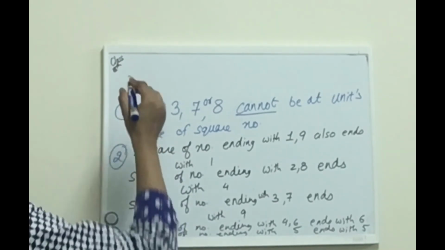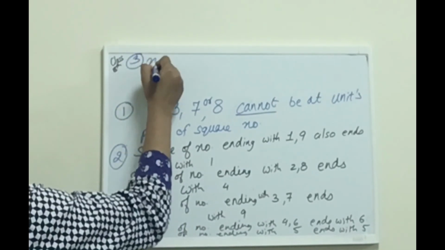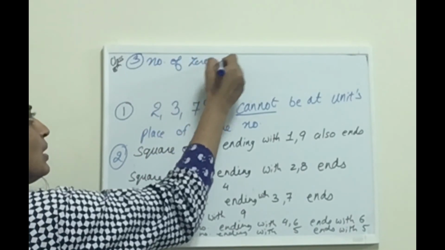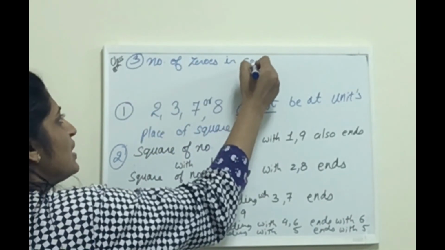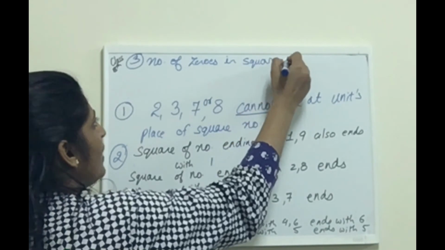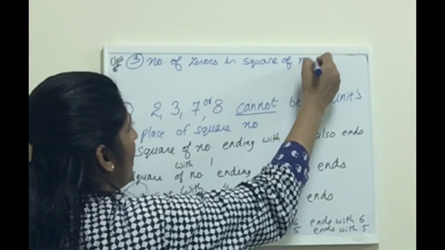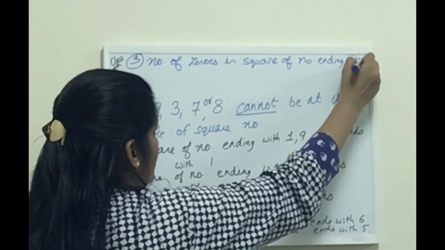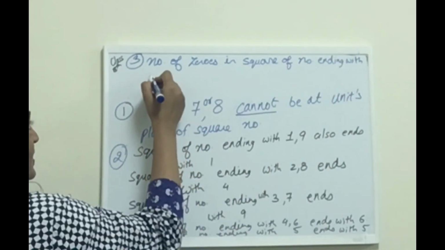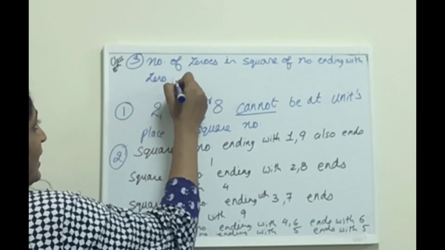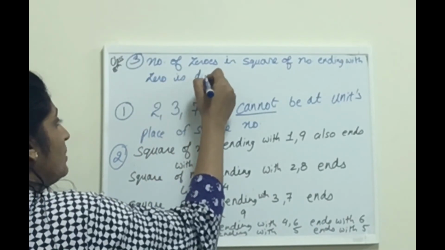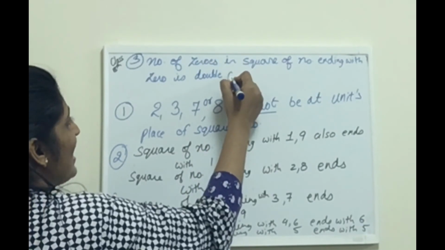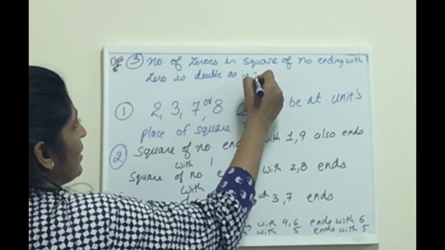So the third property: the number of zeros in the square of a number ending with 0 is double that in the given number.